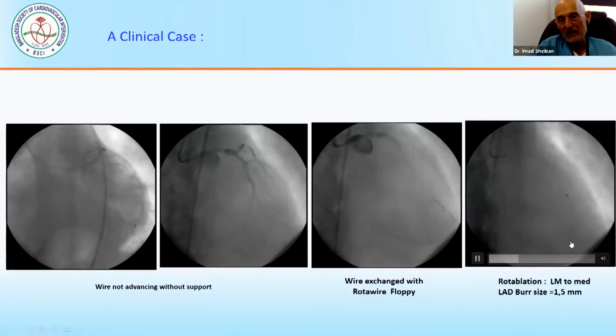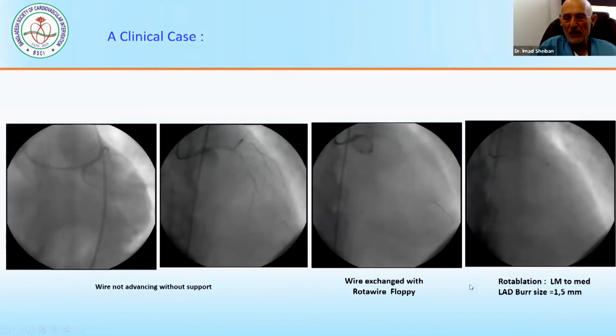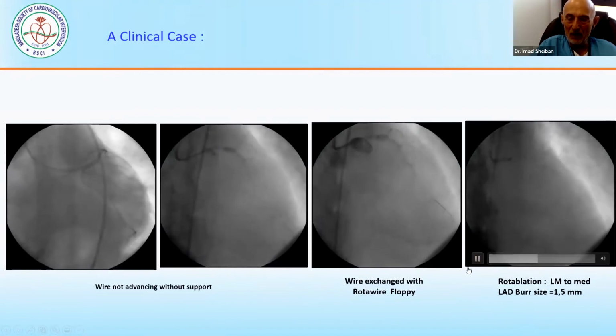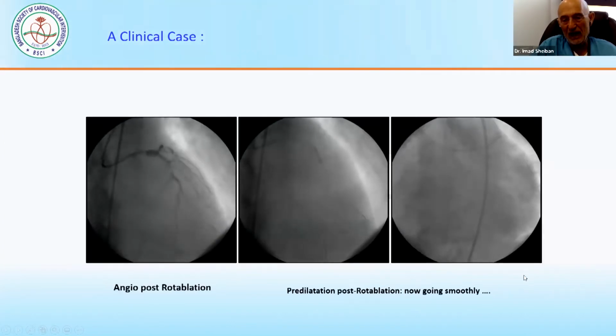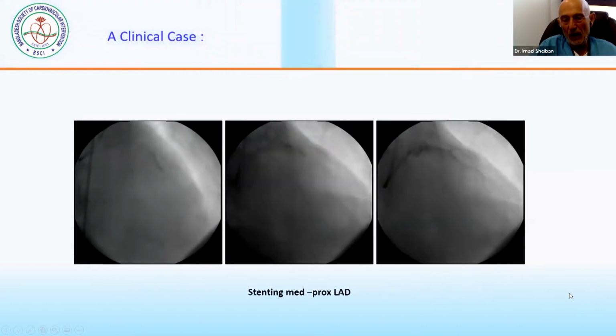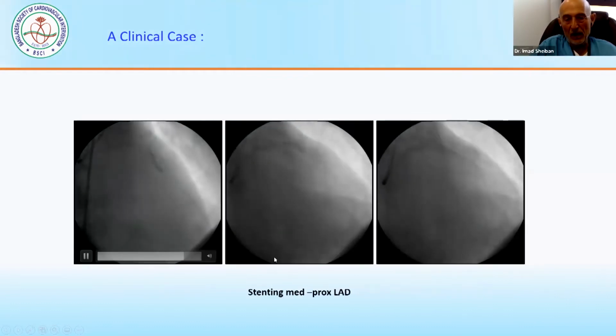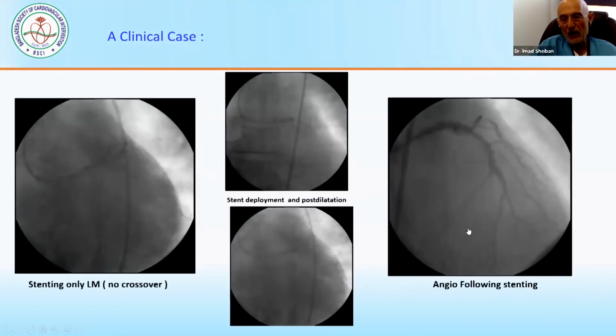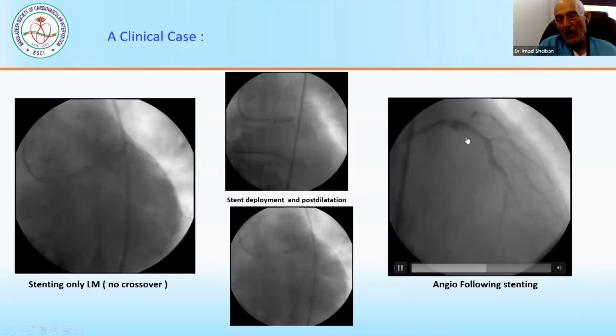And of course, in this case, I think the principal thing to do is to prepare the lesion as much as possible in order to be sure that your stent will be fully expanded and fully apposed. And of course, in this situation, I think debulking by rotablation, at least by rotablation, is absolutely necessary, as well as IVUS guidance in order to reach, after your procedure, the most optimal result in this patient.